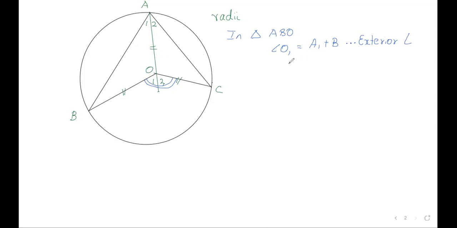Now, we know that angle A1 is equal to angle B. The reason being, triangle ABO is an isosceles triangle.